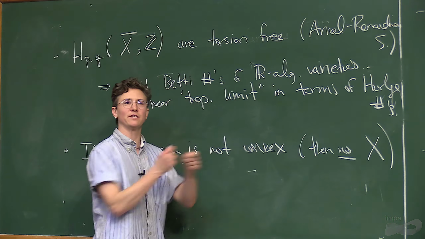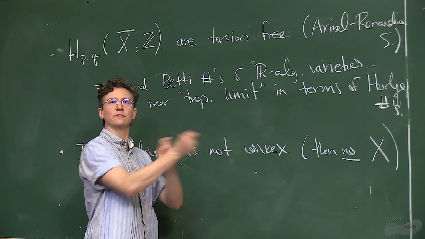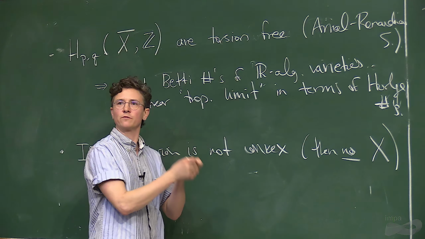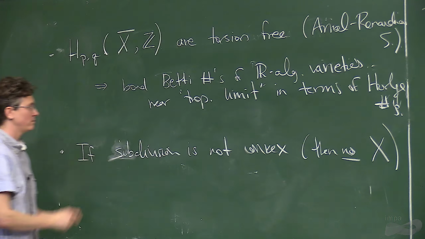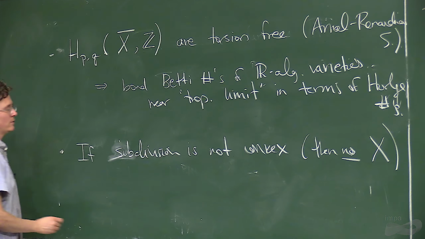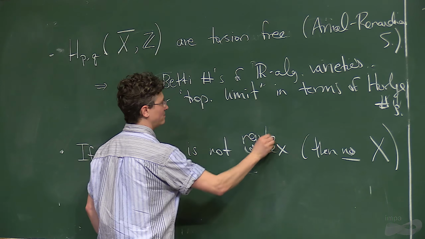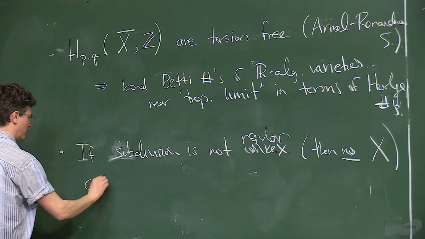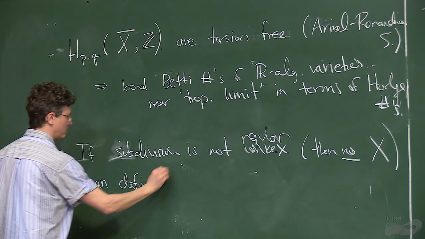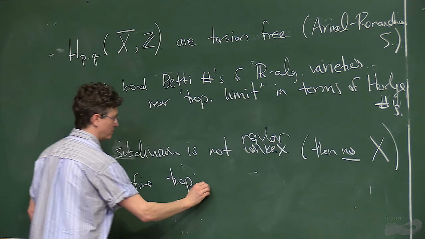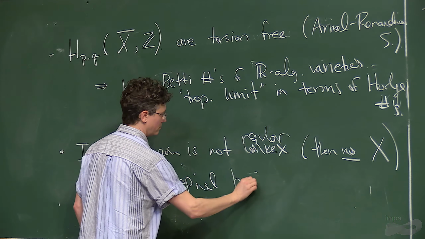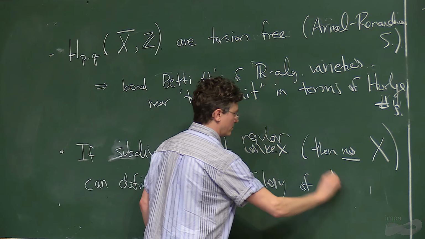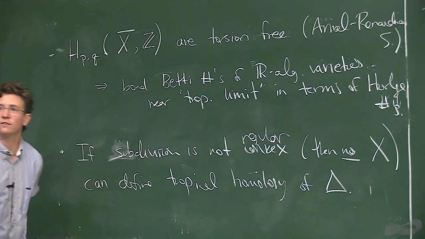The dual subdivision has the same face poset, but just reversed, as the tropical hypersurface. So instead of putting your coefficient sheaves on the tropical hypersurface, put them on the polytope. Convex with regular? Yes, sorry. So you can still define something akin to the tropical homology.